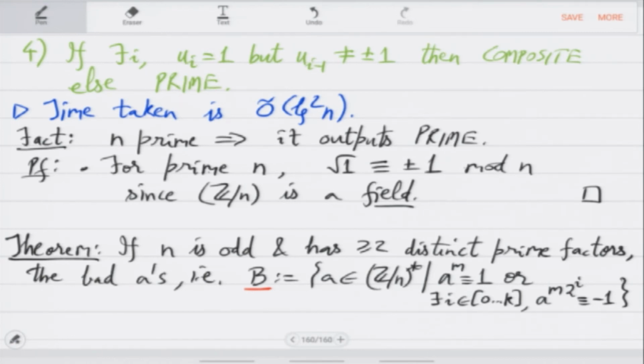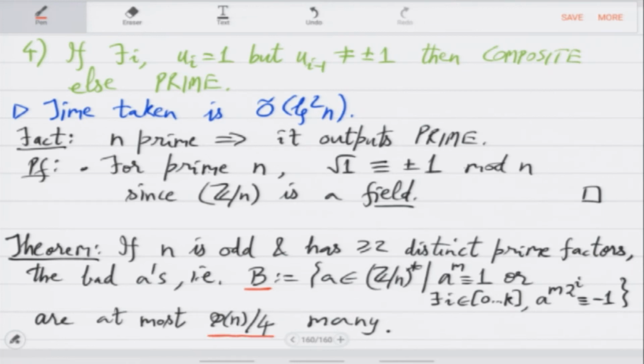So the bad a's are at most phi n by 4 many. Okay, so the bound that you will get here is slightly better than Solovay-Strassen.